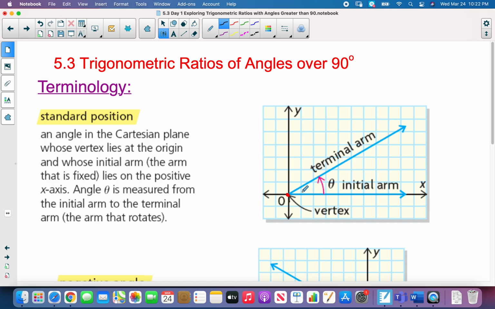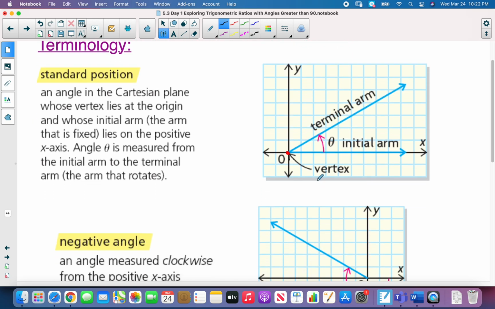Some new terms here. When we are looking at angles or trig ratios of angles over 90 degrees, we will be looking at their position in a grid or in a Cartesian plane. In this case, the angle in the Cartesian plane has its vertex at the origin, and it is an angle created between two arms.